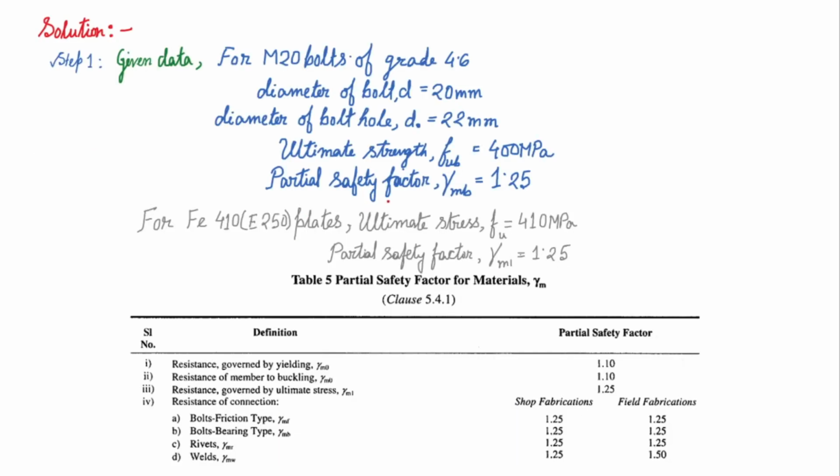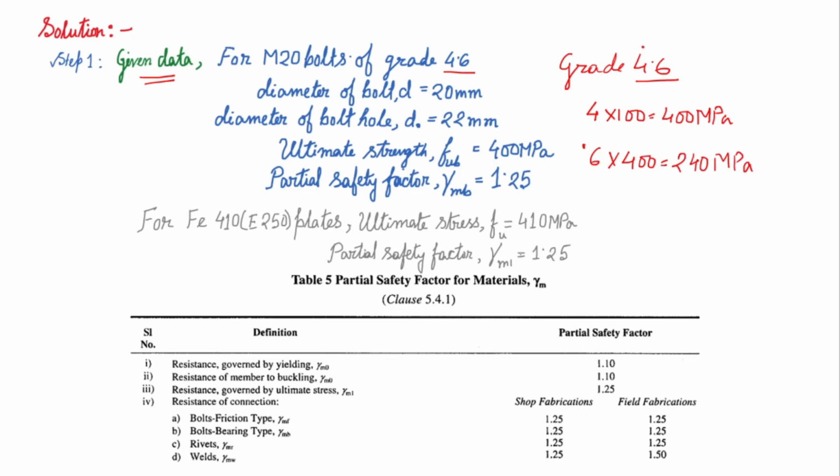Step 1. So first of all I shall write the given data. For M20 bolts of grade 4.6. So first question is, what is grade 4.6? When I call it 4.6, that means the ultimate strength is 4 into 100, that is 400 MPa, and then its yield strength is 0.6 into ultimate strength, that is 240 MPa.